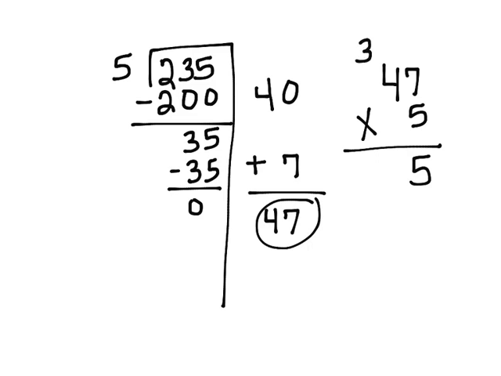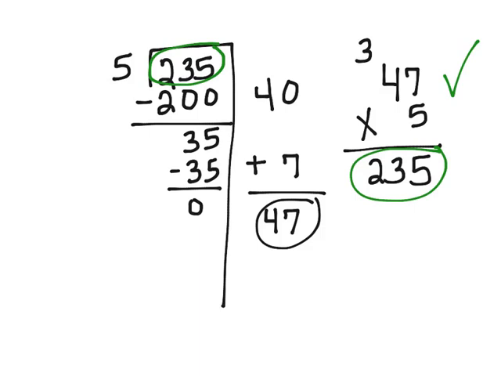Carry my 3. 5 times 4 is 20, plus 3 is 23. So we have 235 here, 235 there, and we are correct.